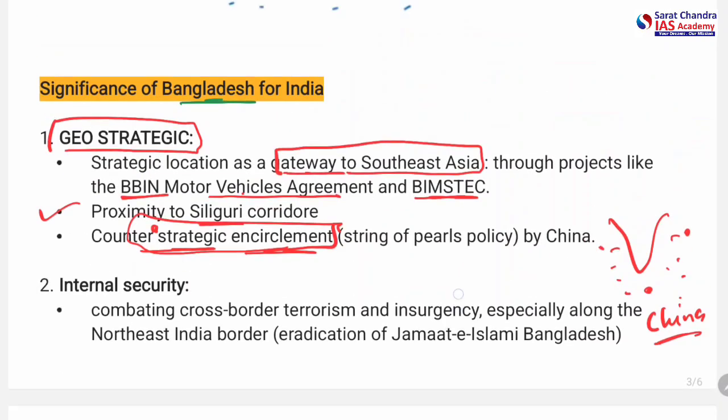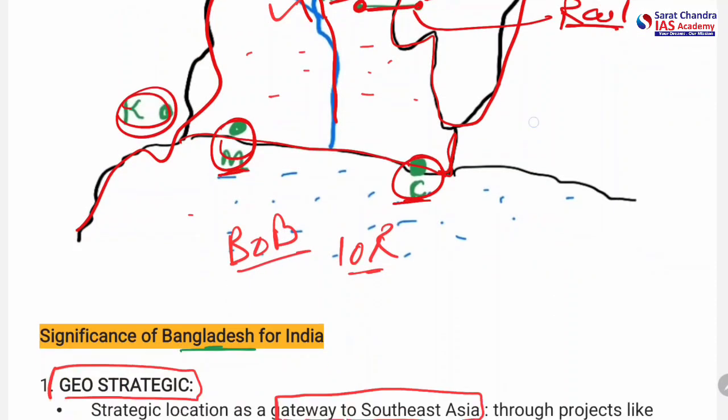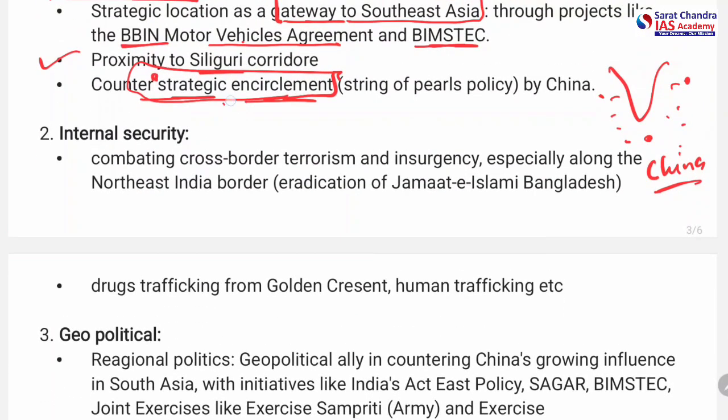If you want to counter that, Bangladesh is one of the important stakeholders in the Indian Ocean region, especially in the Bay of Bengal region. Having the support of Bangladesh is very important to counter that strategic encirclement, that is, the policy of string of pearls by China.